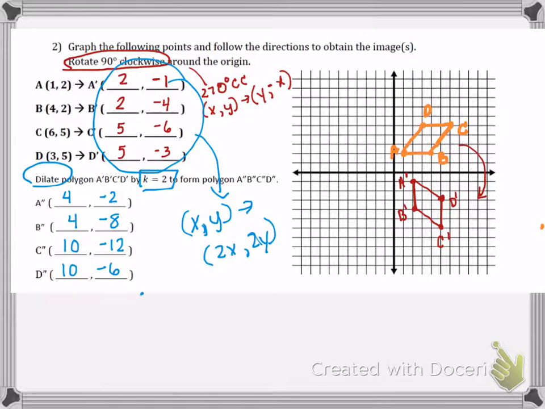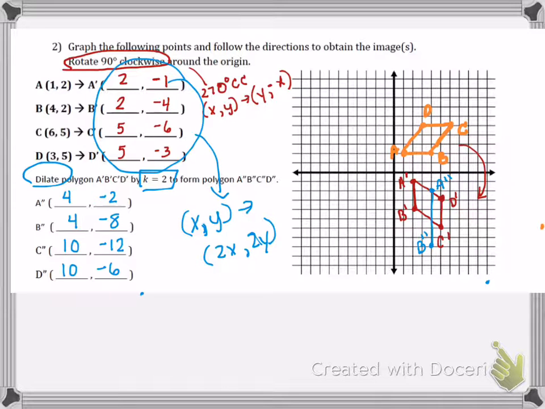So I'm going to plot 4, -2, and we get our A double prime, and 4, -8, and we get our B double prime, and then the point 10, -12, sorry.